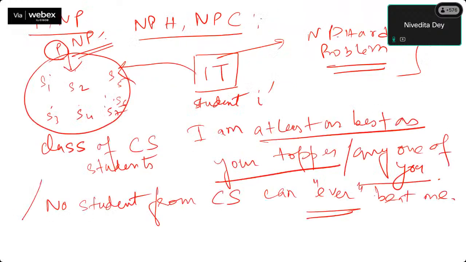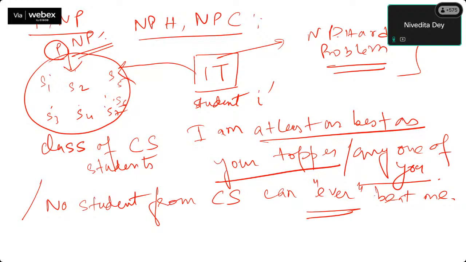Consider the example where the IT student has come to the room and is claiming, I'm the best student, and whoever is your topper, I'm better than any one of your students. Or alternatively, what your best student can do, I can definitely do, but maybe vice versa is not true.